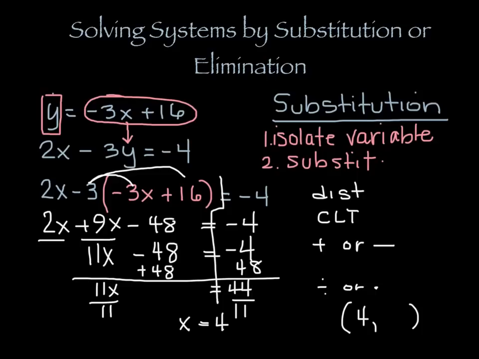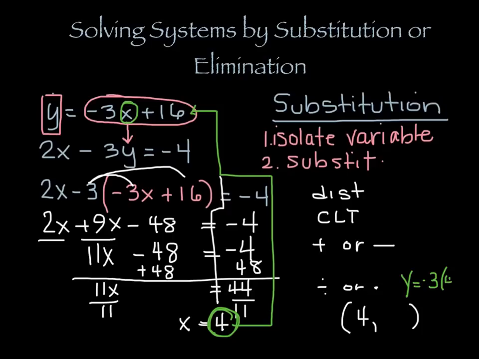So I'm going to take this x and plug it back into here, right there. So I know that y equals negative 3, plug in the 4, plus 16. So negative 12 plus 16 is 4, and that would be my answer.